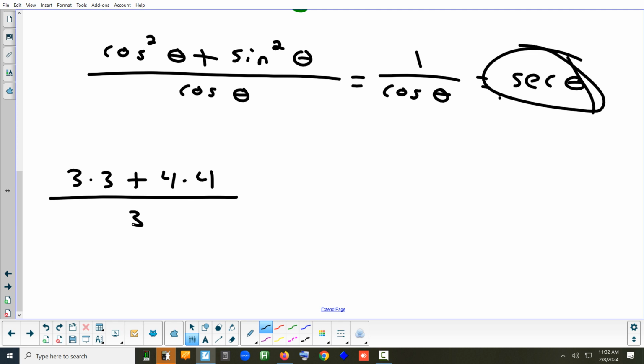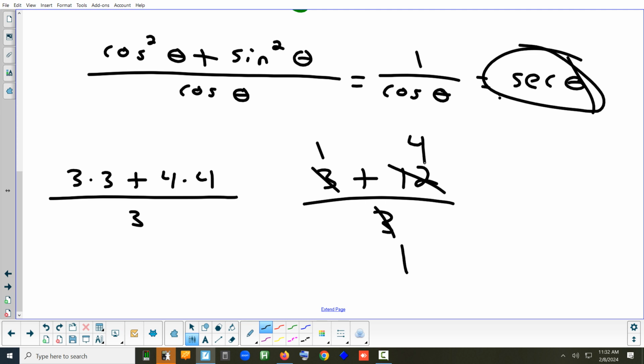The only way you can cancel a number out when you have a fraction is like if you had 3 plus 12 divided by 3. Now you can cancel a 3 because you can do it here, here, and there. There's no 3 that you could cancel out of 4 times 4. That's 16.